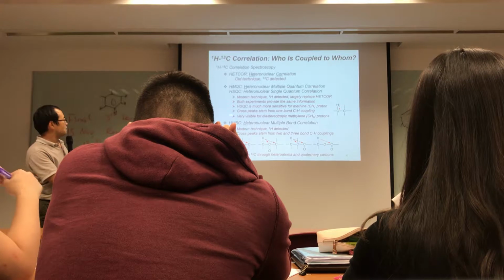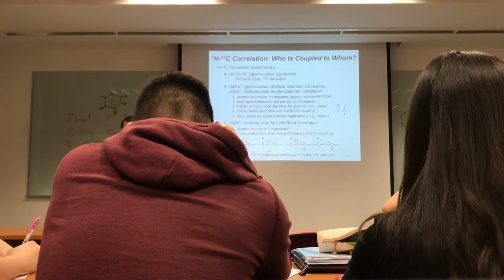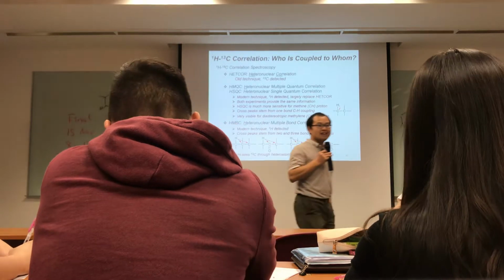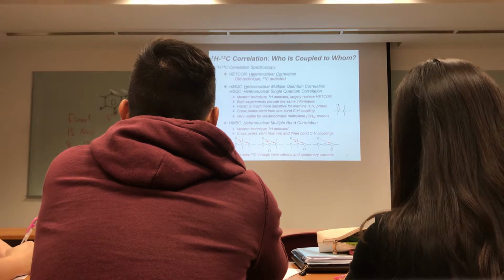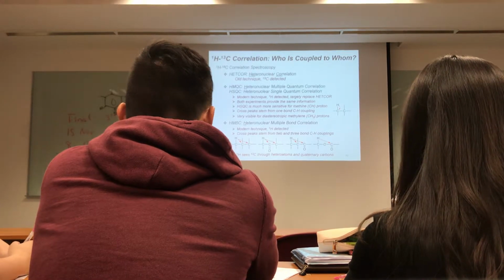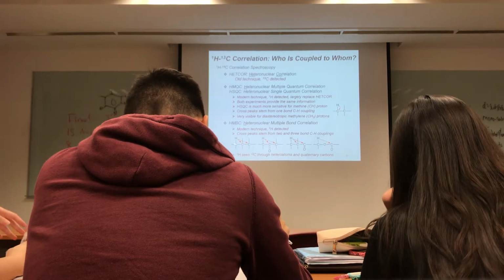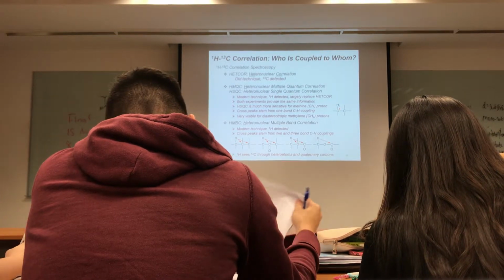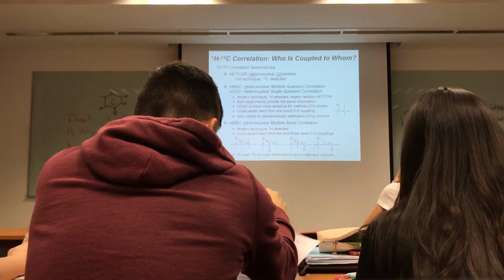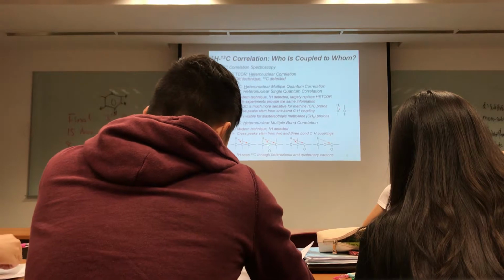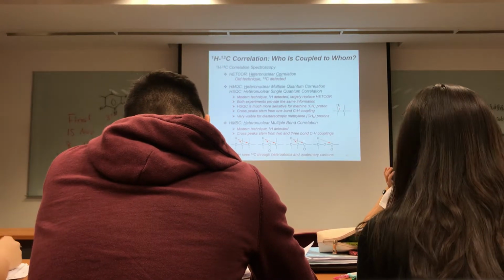This is HMBC. HMBC is a very, very useful technique to find connectivity, because it tells J2, J3, what 2-bond or 3-bond correlation. Like here, this proton can see this carbon, and can also see this carbon. Now, this proton, the same, this carbonyl carbon, they can also see the same as this.